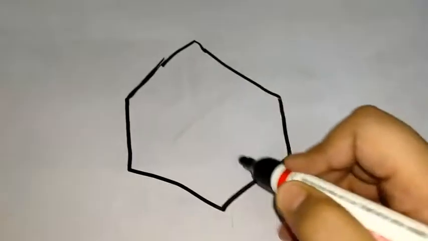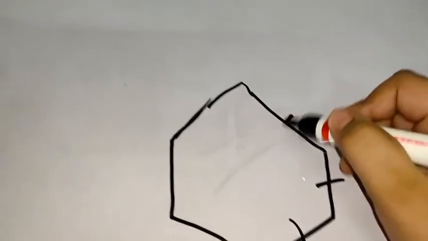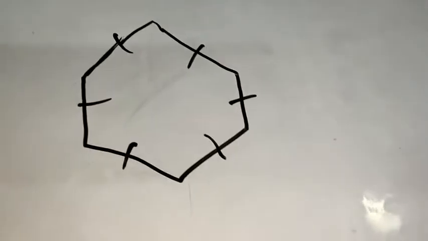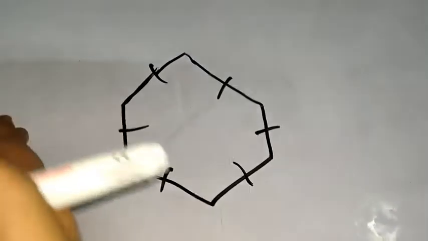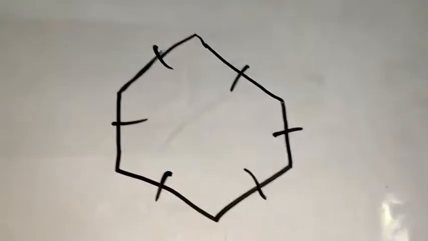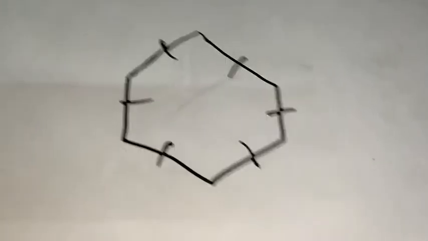So I'm drawing a polygon, it's a hexagon, and all the sides of this hexagon are equal, and we can calculate its area by a universal formula. Maybe the figure has 5 sides, 6 sides, 7 sides, or 3, which is the triangle, the smallest polygon, up to an infinite number of sides. You can calculate the area.